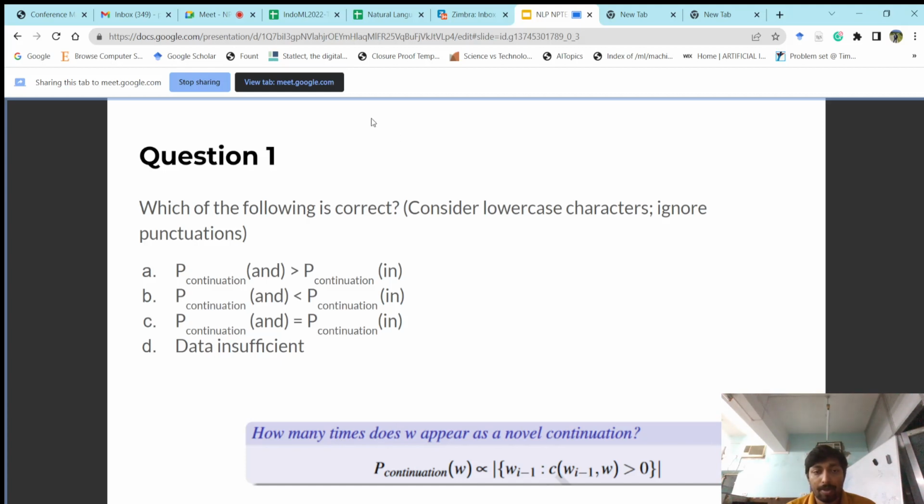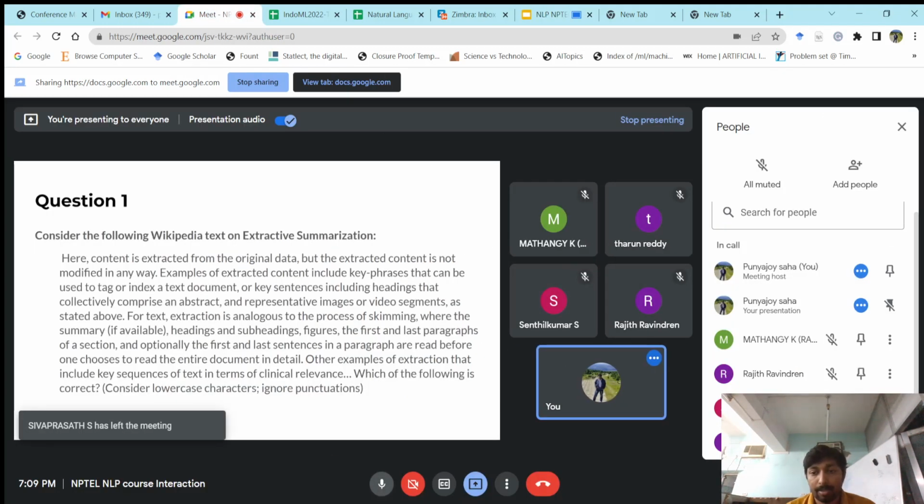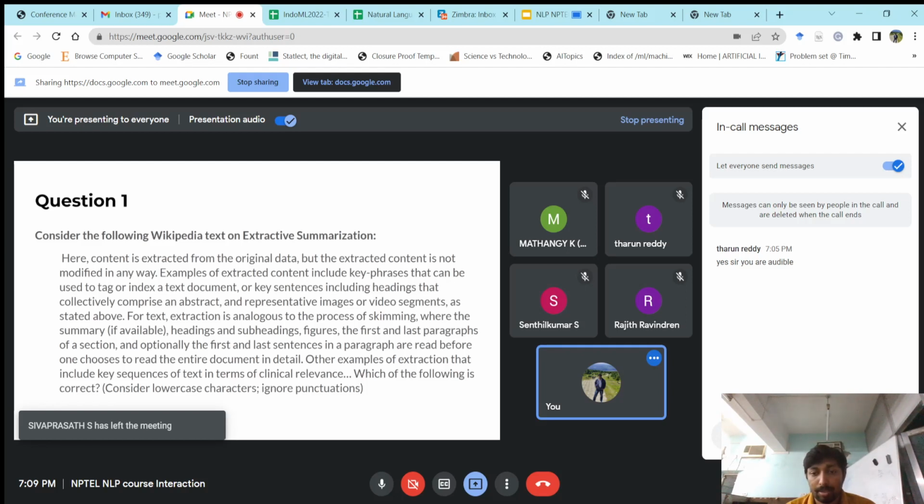So can anyone tell what is P continuation? What does this value represent?